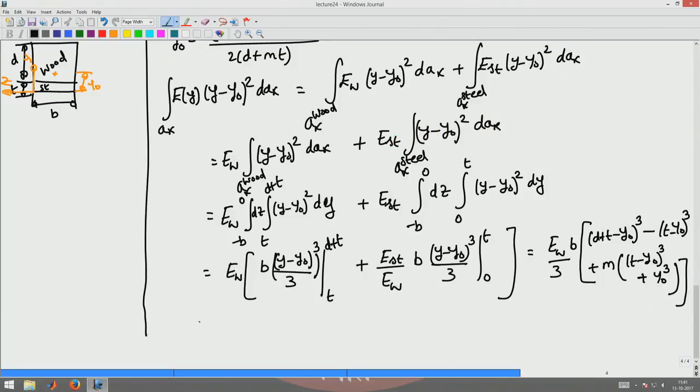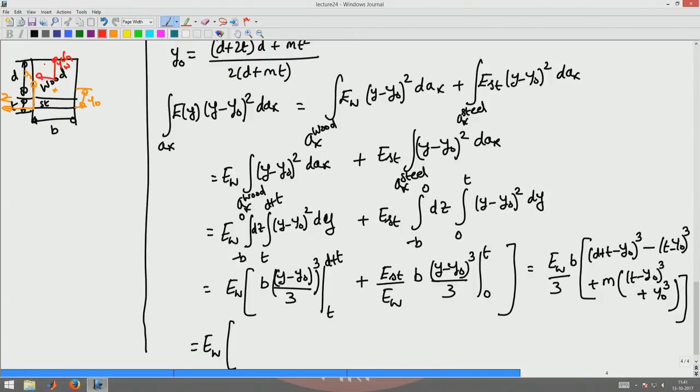I will get the same thing as E_W into, about the central axis of the wood, which might be here, y wood CG and z wood CG. You know that it is b d cube by 12.